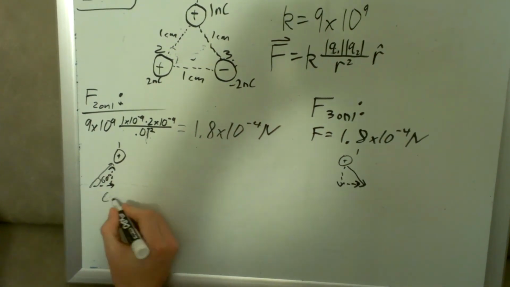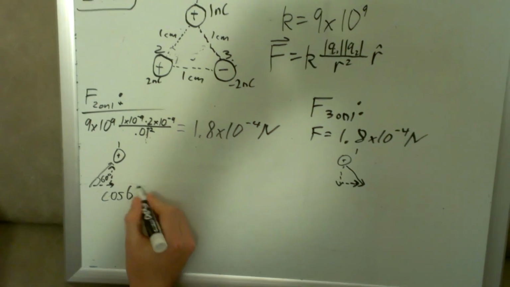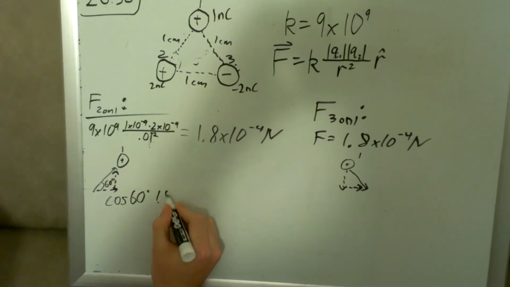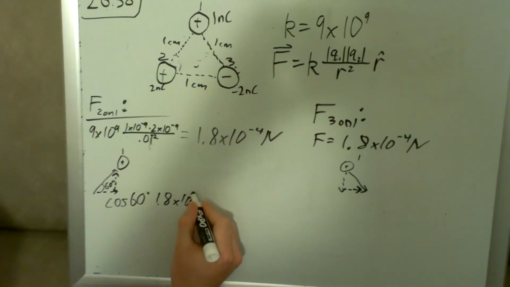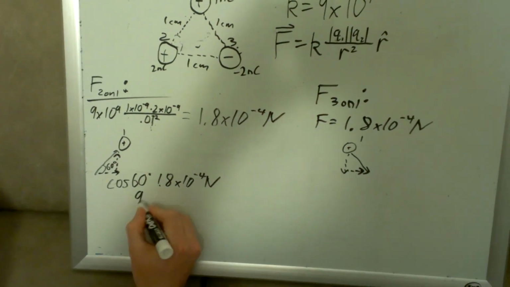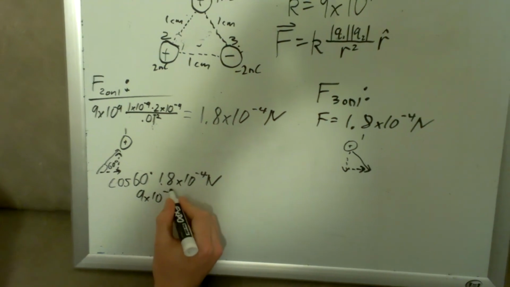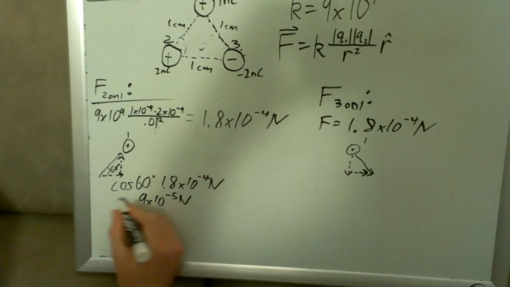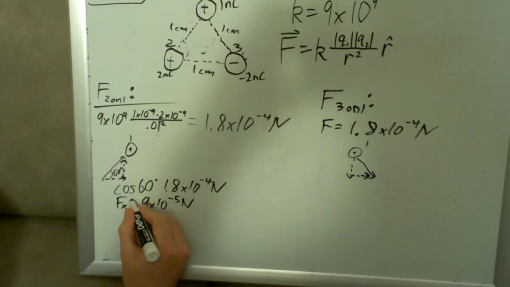So looking at this one, the x component is going to be the cosine of 60 degrees times 1.8 times 10 to the negative 4th newtons, which comes out to 9 times 10 to the negative 5th newtons. This is the x component of the force.